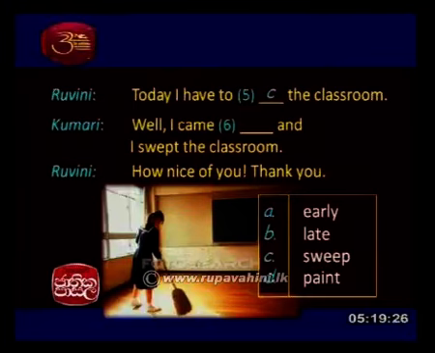Why, Netmi? Why did you select early there? Because Ruveni says, how nice of you. That means she's very happy because of the favor done by Kumari. Yes. Now see, children, there are two words that you can think both are correct. You can say, well, I came early or well, I came late. But Ruveni's answer, how nice of you. Thank you. So here she was thanking.